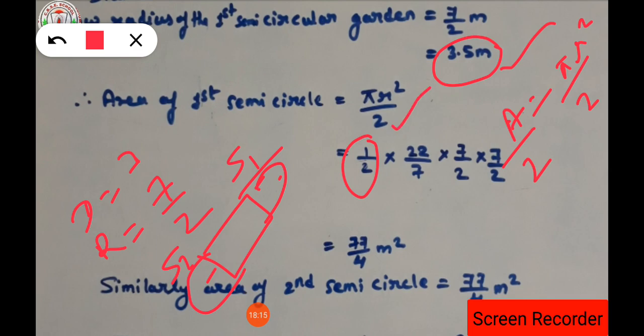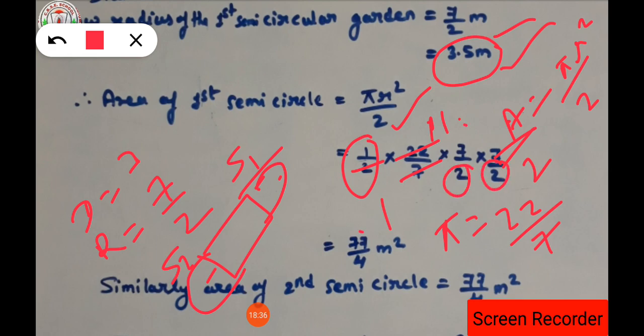Okay, pi value is 22 by 7 and r value is 7 by 2. Here 2 one time, and this 22 will be 11 times, get cancelled. So what is the number left out here? 7 and 7 again get cancelled. So 11 into 7 will be 77 and 2 into 2 will be 4.